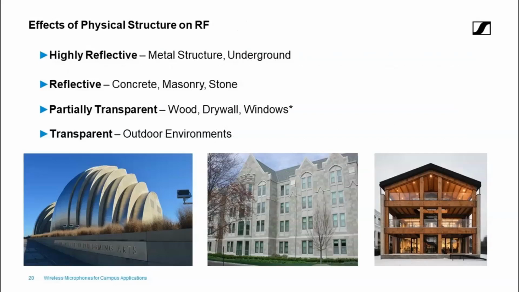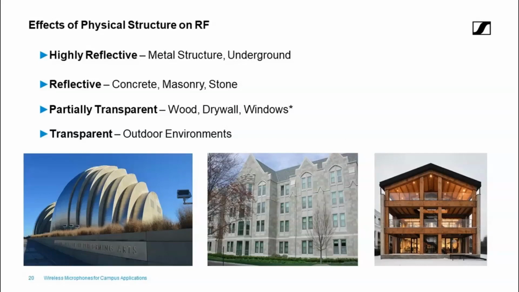So we can look at that in terms of the structure that we're trying to operate within. A metal structure or underground can have a very highly reflective siding to it, so that we can expect a lot of reflection and probably a lot of attenuation as well. Because even the lower frequencies are hard to go through a metal structure.